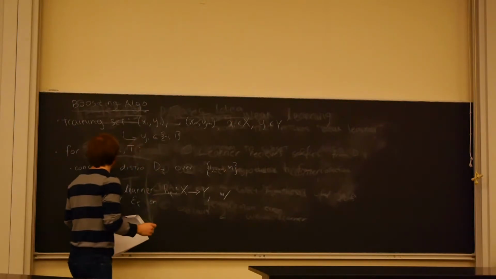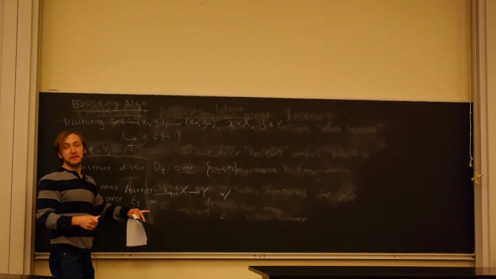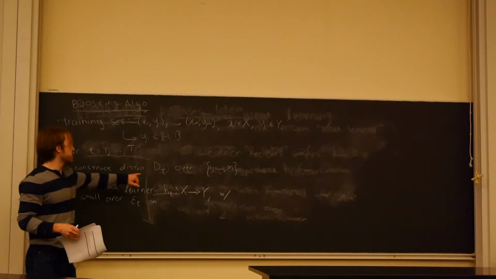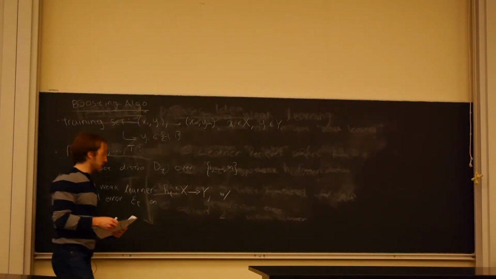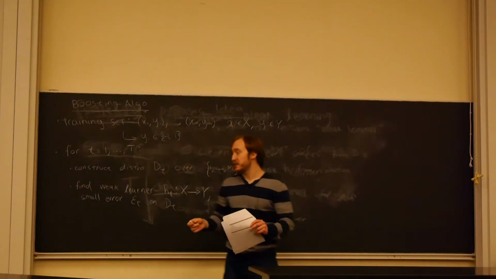Okay, so one thing to keep in mind is, we need our weak learner to give an error that's less than 50%. But this error is actually defined in terms of the distribution D that we've written here. So this is kind of one subtle point to keep in mind.